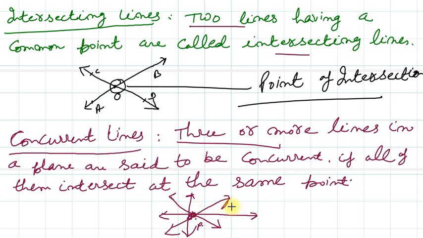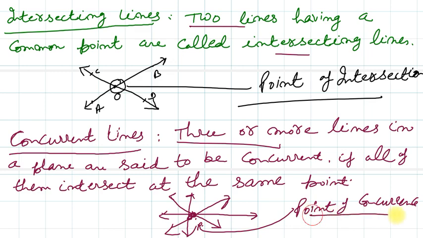P is known as the point of concurrence, right? Here it was called the point of intersection, here it is called the point of concurrence.